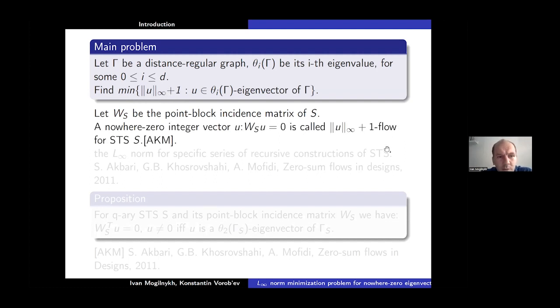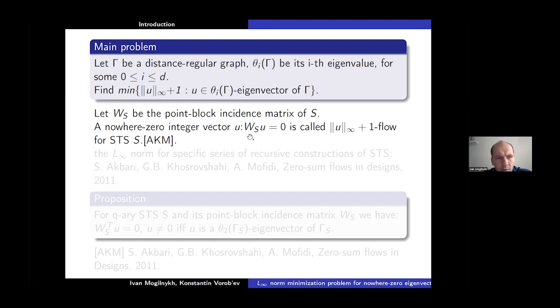I introduce one more definition, which is related to so-called flows for Steiner triple systems. Suppose we have the point-block incidence matrix of a Steiner triple system S, which we denote by W_S. Then a nowhere zero integer vector u is called an infinity norm plus one flow for S if this vector belongs to the null space of the incidence matrix of the Steiner triple system.